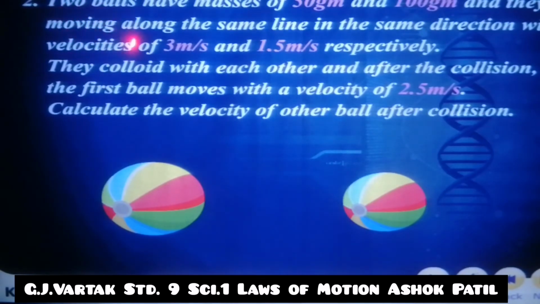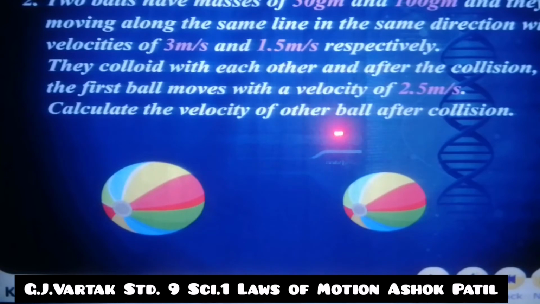Two balls have masses of 50 gram and 100 gram and they are moving along the same line in the same direction with velocity of 3 meter per second and 1.5 meter per second respectively. They collide with each other and after the collision, the first ball moves with a velocity of 2.5 meter per second.